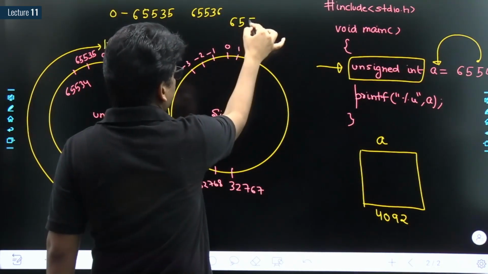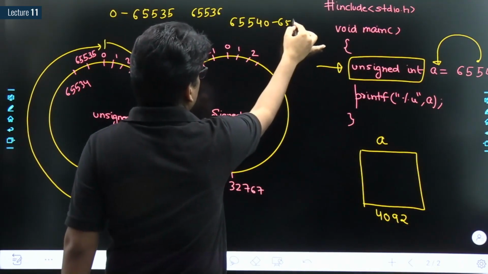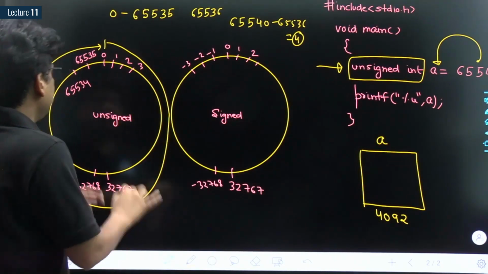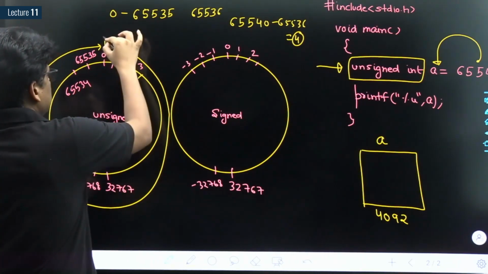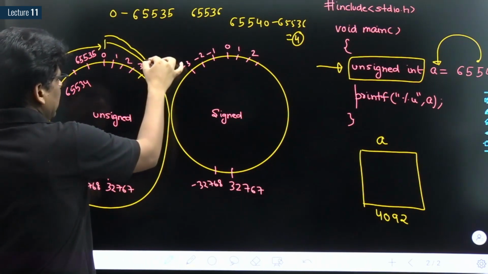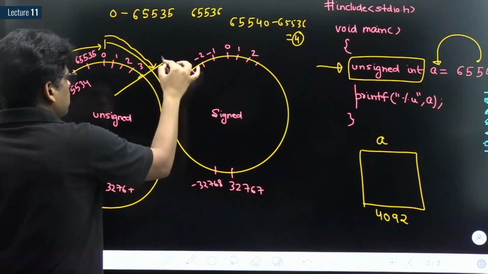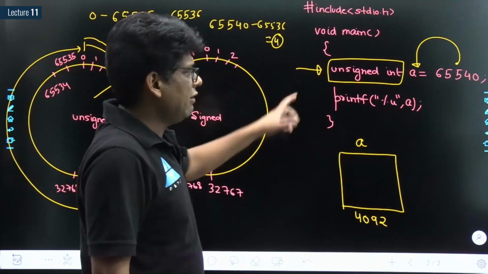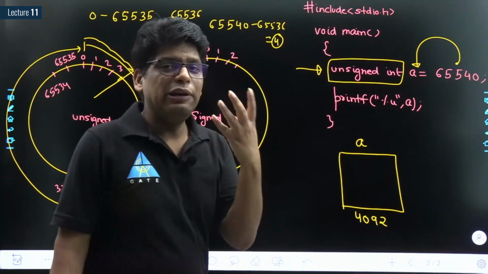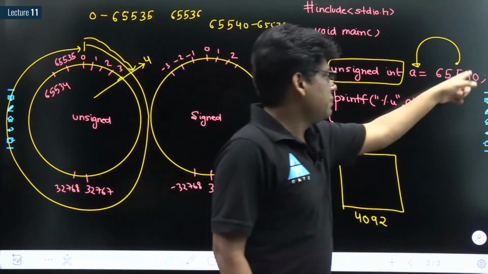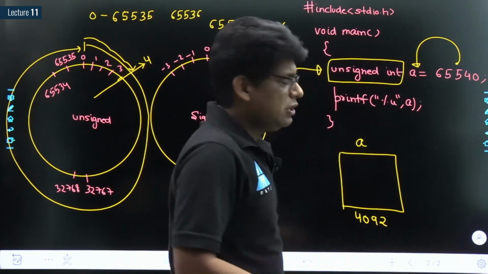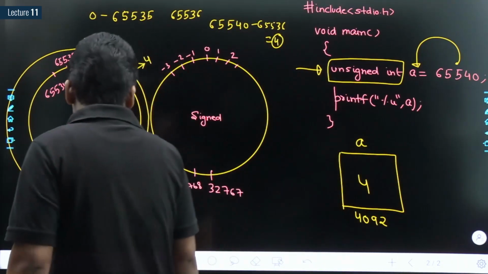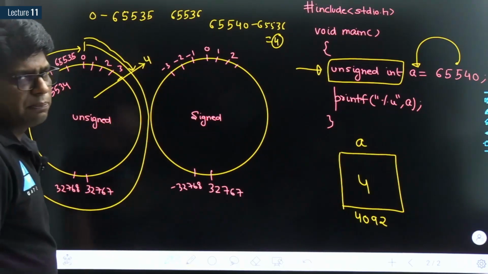We can calculate, our value is 4 more than 65536. That means we need to count 4 more: 1, 2, 3, 4. Where should we stop? At 4. That means internally this 65540 is nothing but the value 4. That means the value that gets stored inside a is nothing but 4. Try to understand this concept.